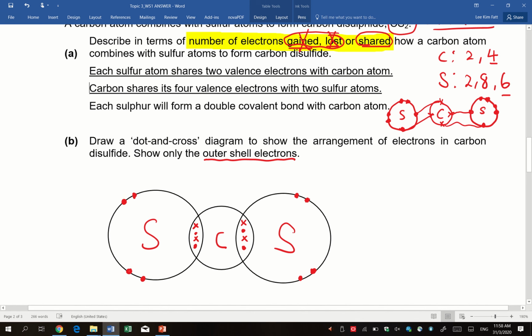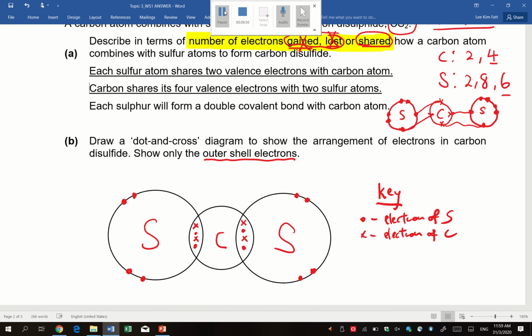So this is the answer. You do not have to show the first 2 electron shells for the sulfur. Remember to write your key. So dot is electron of S, and cross is electron of carbon.